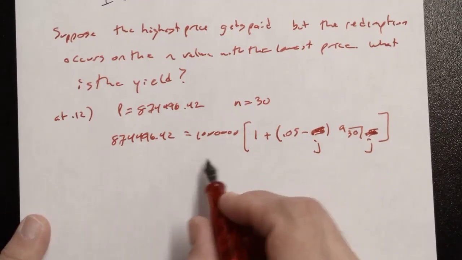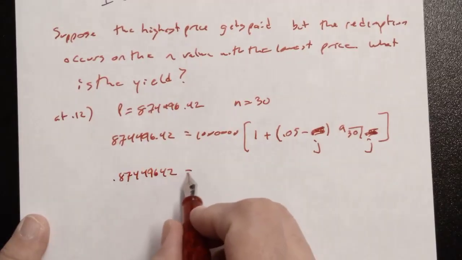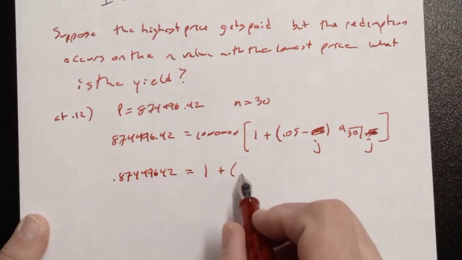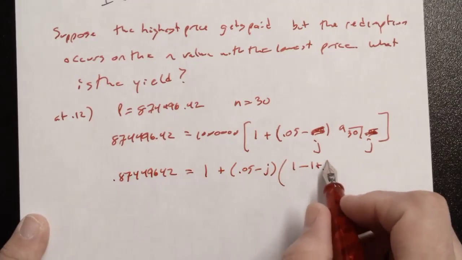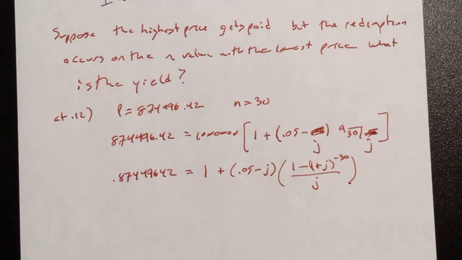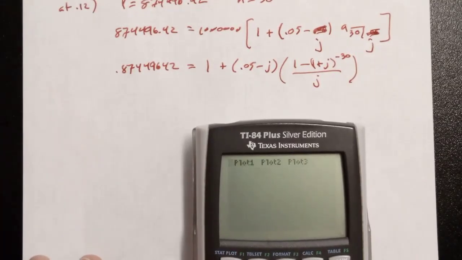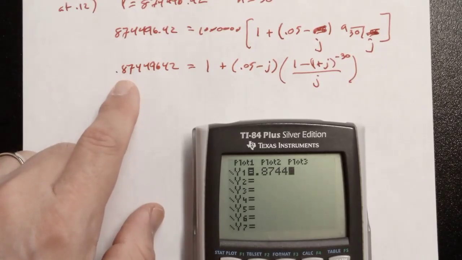So instead, what I'm going to do is divide by the million, and I get 0.874499642 equals (1 plus 0.05 minus J) times (1 minus (1 plus J) to the negative 30) over J. And I can do a bunch of algebra here, but I don't think it's worthwhile. So let me grab my calculator and graph this sucker. I'll start by graphing this number, 0.874499642.